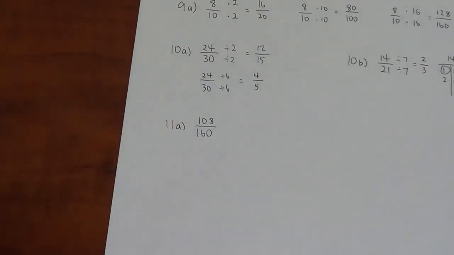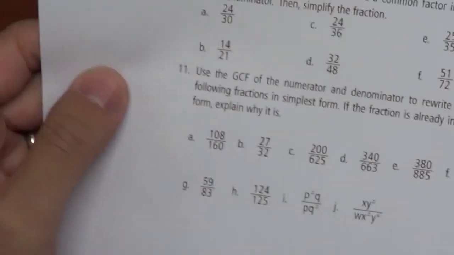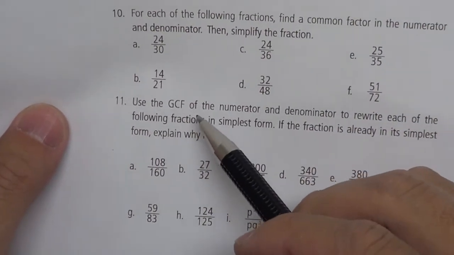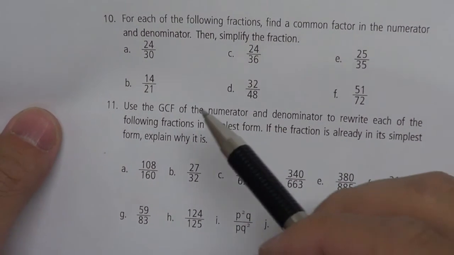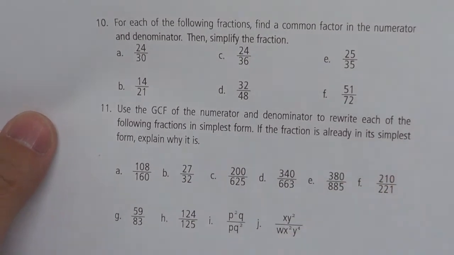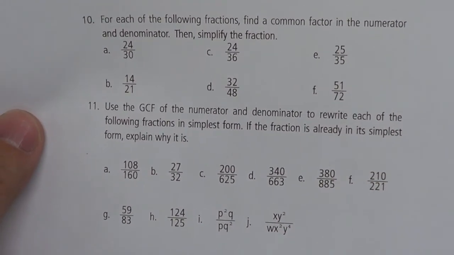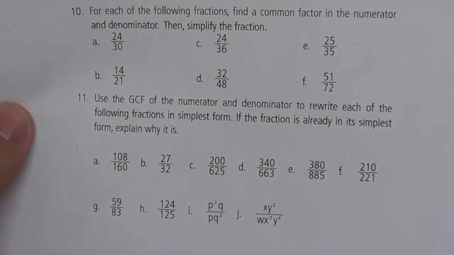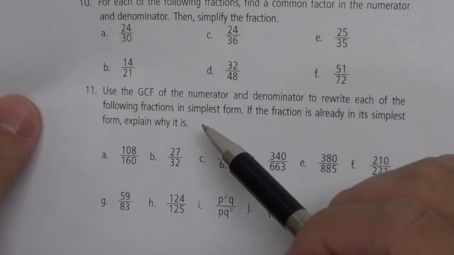And number 11. Okay, this one's taking a step further. Okay, it wants us to find the greatest common factor. Right, use the GCF. And anytime you find the greatest common factor and you reduce the fraction using that factor, that's also called simplifying to the simplest form, right?